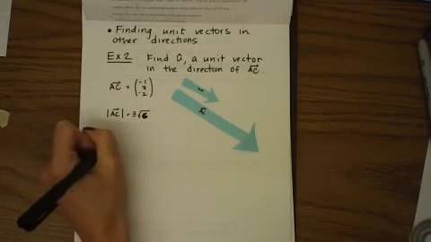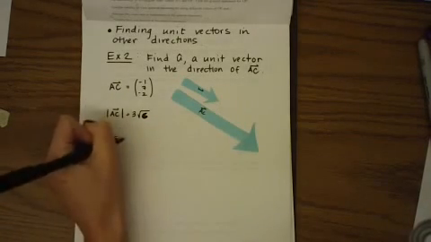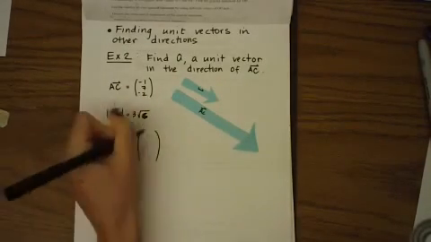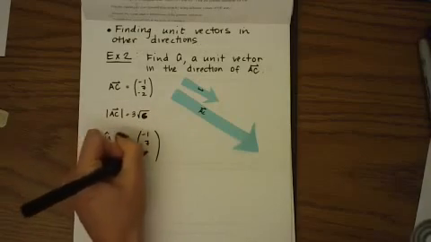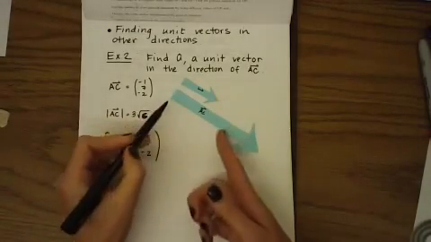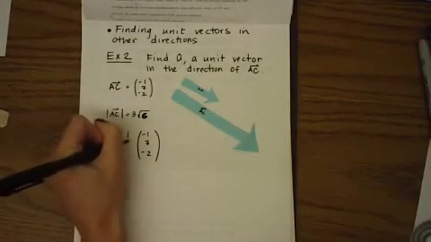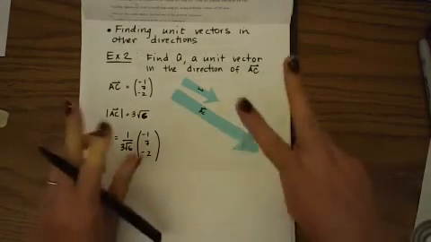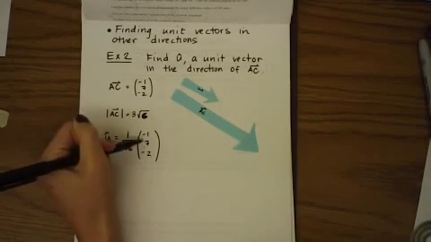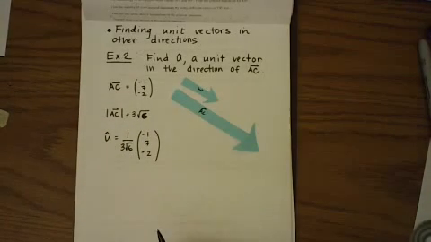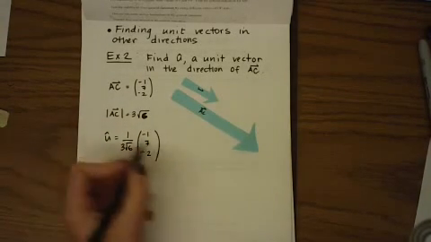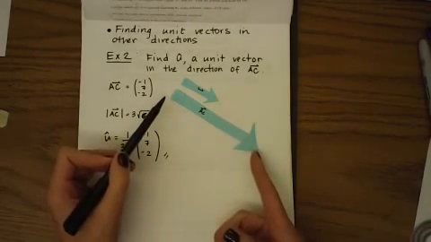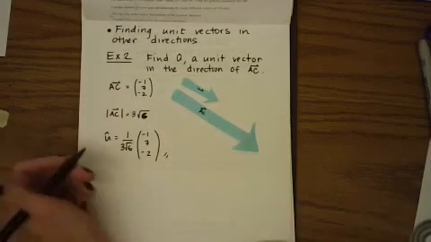So our unit vector in the same direction, we want to take the vector AC and scale it so it's 1. So we're multiplying by the reciprocal of the length, or dividing each one of these by the magnitude of the entire vector. And this is a unit vector that's in the direction of AC, and it has a magnitude of 1.